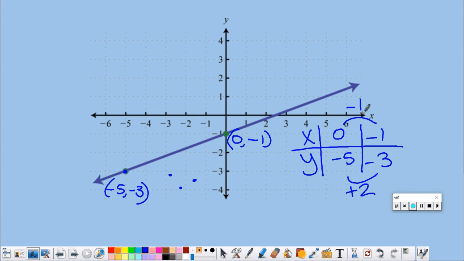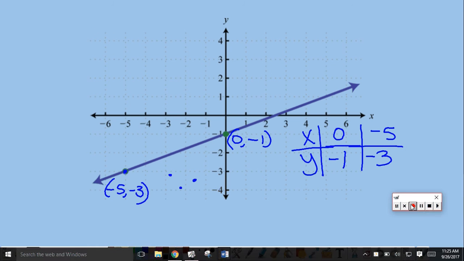Why would you put 0 and -5 in there? Because those are your x values. Yeah, it's 0 and -5 on x, and -1 and -3 on y. We need to change those because I was very wrong.